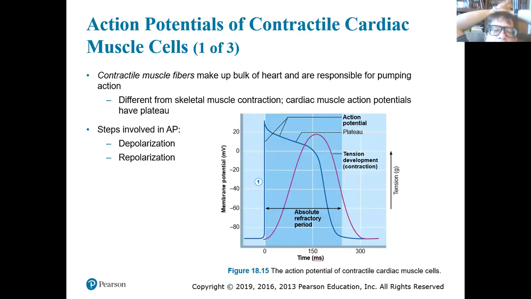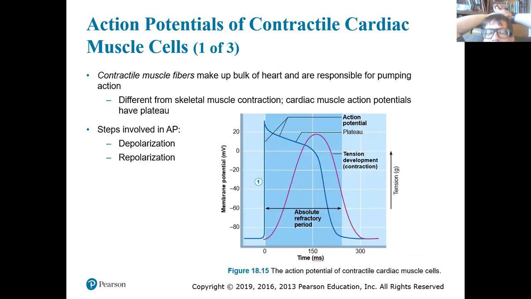Now, most of the heart is contractile fibers that can contract. They're the ones that pump, and the skeletal muscle contraction is a little different from a cardiac muscle contraction. Cardiac muscle contraction has a plateau that's a lot longer, a refractory period that's a lot longer.